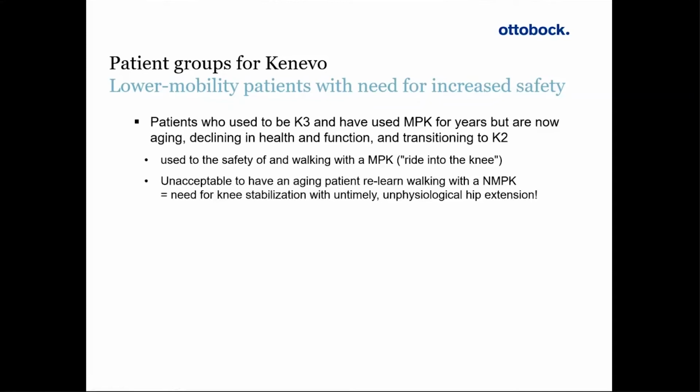These patients always have to stabilize the knee with hip extension during mid to late stance to prevent the knee from collapsing. If a patient has been used to riding into the knee with a microprocessor knee for years, it doesn't make any sense to have them relearn to walk with a non-microprocessor knee when they're 70 or 75 or even older.